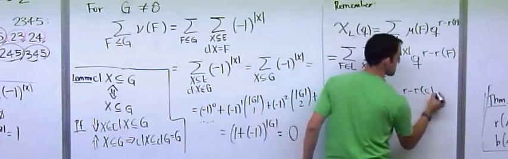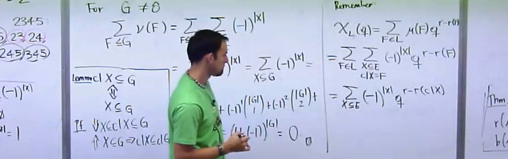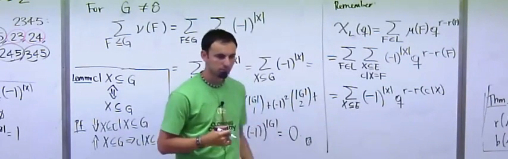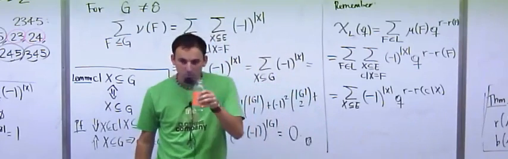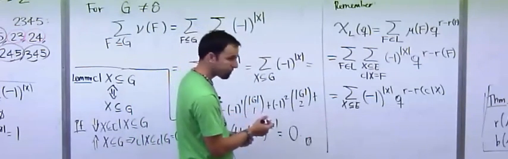So I get this. So summing over all the f's in the lattice. Can you just say r of x?